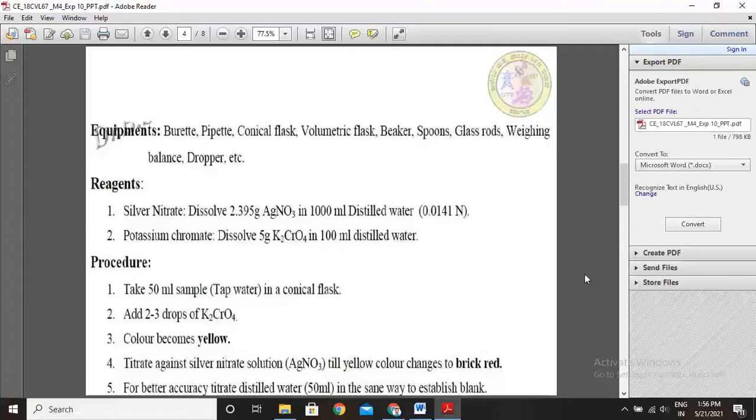Two reagents are required: one is silver nitrate, the second is potassium chromate.